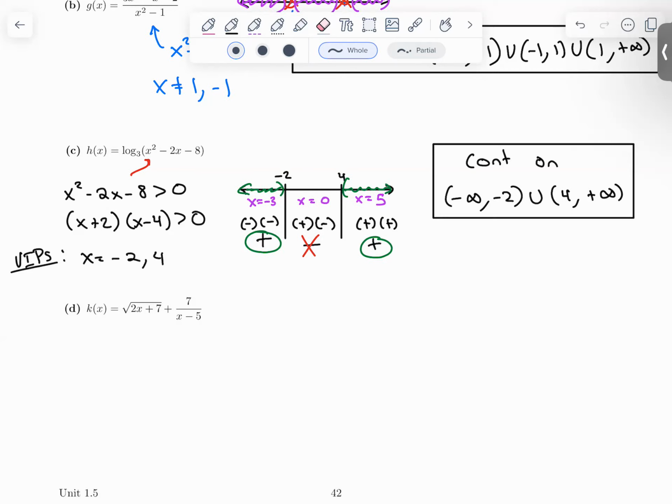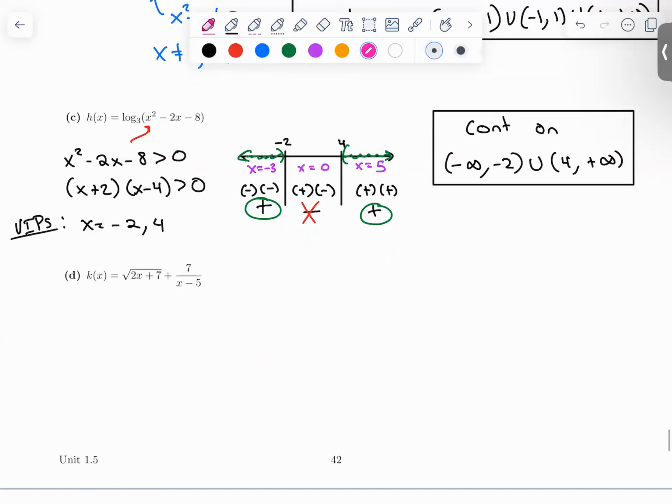So we've got two pieces: a square root piece and a rational piece. For the square root piece, we need the inside to be greater than or equal to 0. 2x plus 7 needs to be greater than or equal to 0, which, saving a little time, means x needs to be greater than or equal to -7/2.